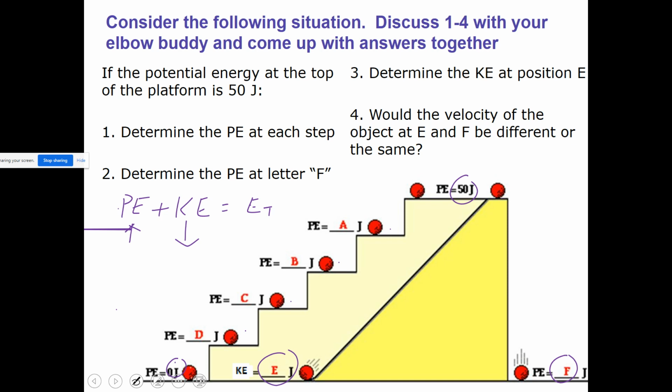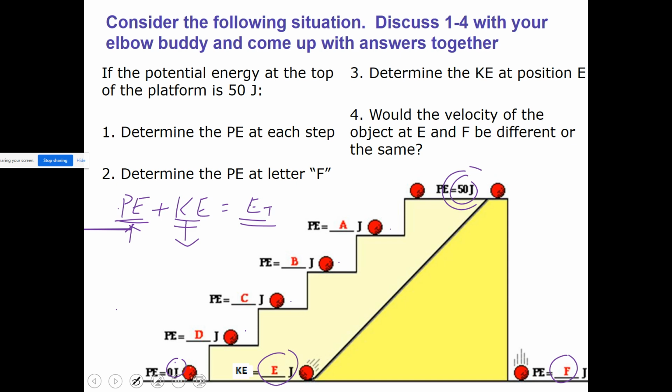What is the kinetic energy? Well, if potential energy and kinetic energy always add up to the same number, and up here it was 50 joules potential energy and probably 0 joules of kinetic because it's not moving, I'm going to say it's 50 joules of kinetic energy at E.